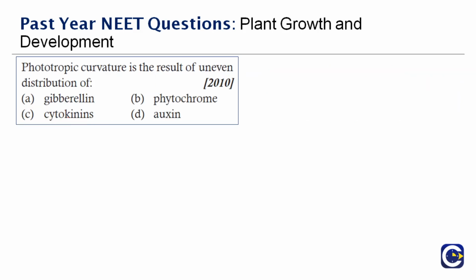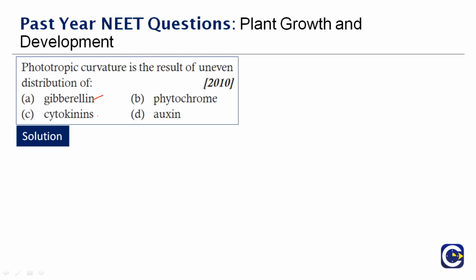Okay. Next question here. Phototropic curvature is a result of uneven distribution of dash. So what do you mean by phototropic? Something dependent on light, right? So we're again talking about the sun and the plant, and you have four options here. Gibberellin, as you know, is a growth hormone, or you can call it a plant hormone.